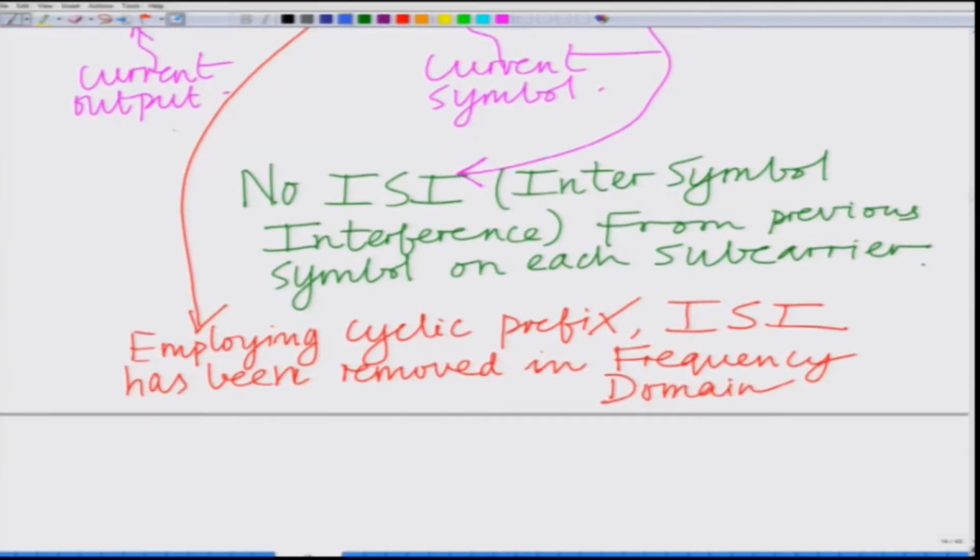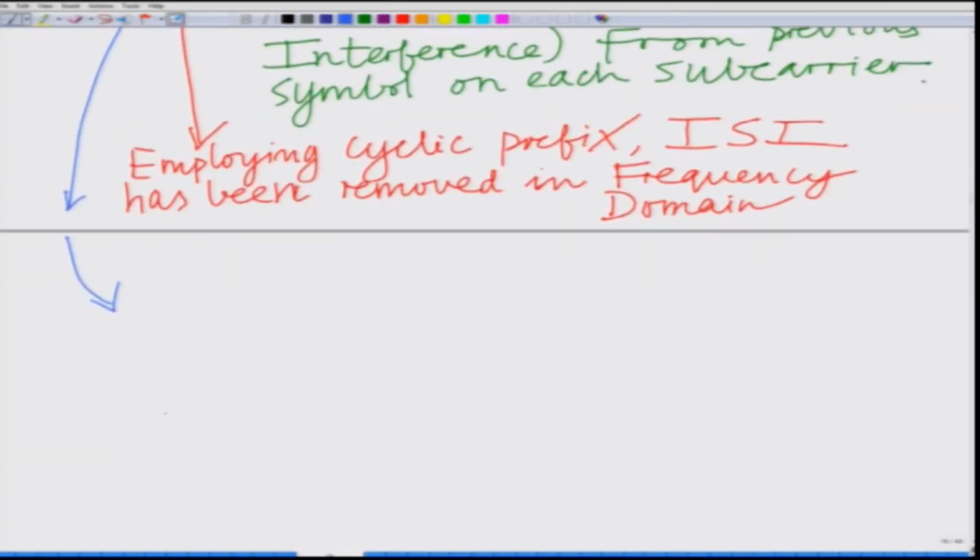Further, OFDM is very efficient. To highlight that point further, OFDM is very efficient.